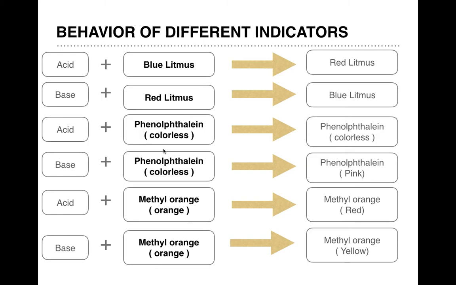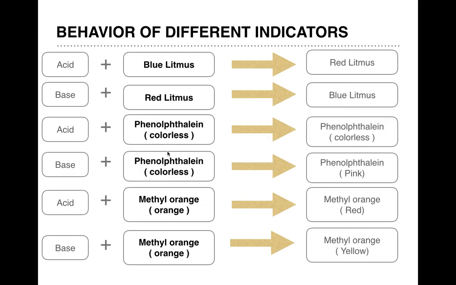Now, behavior of different indicators. How do indicators indicate that the solution is acidic or basic? Acid plus blue litmus becomes red. Base plus red litmus becomes blue. We have seen both cases when we went through acids and bases, right?